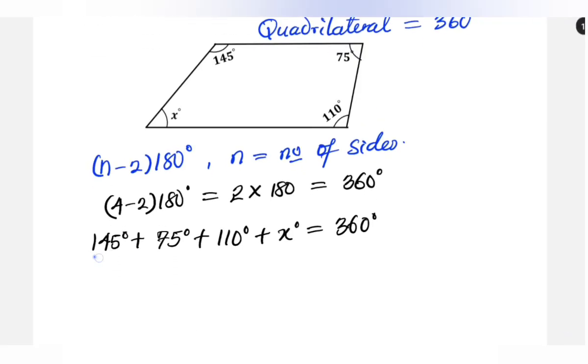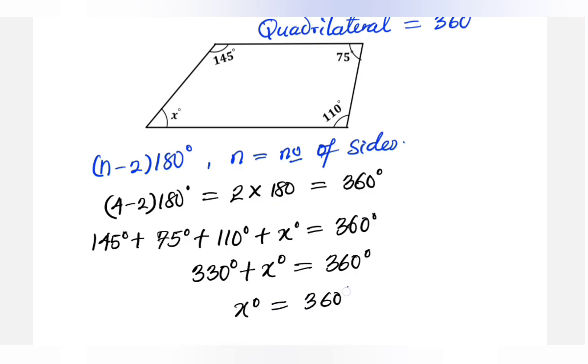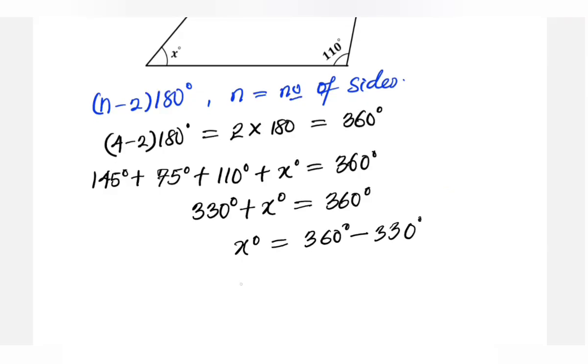Summing all this together, we have 330 degrees plus x is equal to 360 degrees. Taking this 330 to this side becomes minus 330. So subtracting 330 from 360, we have 30 degrees. Hence, our variable x is 30 degrees.